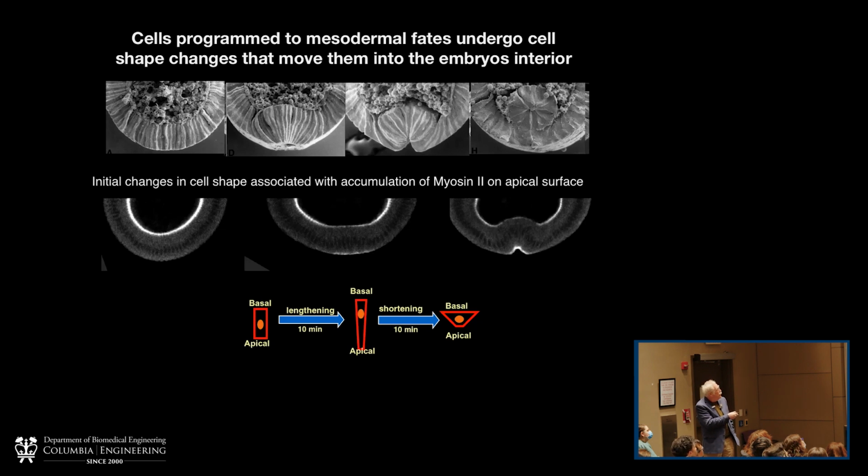And you can see here the initial stages of this furrow formation as a constriction in of the apical surfaces of these cells, becoming more extremely constricted, and then this fold is formed. The mesodermal cells move into the interior of the embryo.